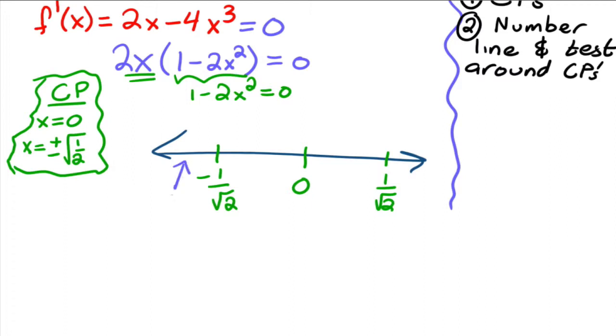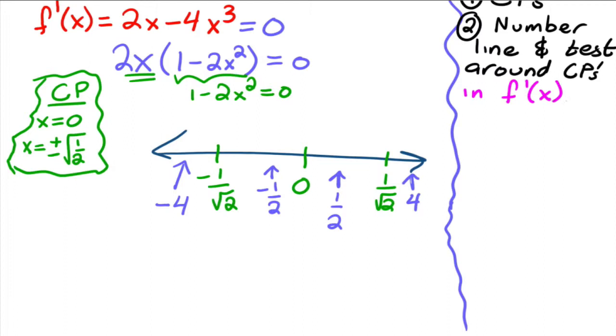So right here, left of negative 1 over root 2, let's do, how about negative 4? And over here I can pick positive 4. Now in between here, well, how about, for example, 1/2 would work good, and negative 1/2 would work good. Okay, and we're going to test in the derivative.